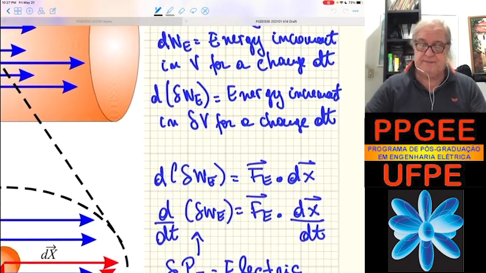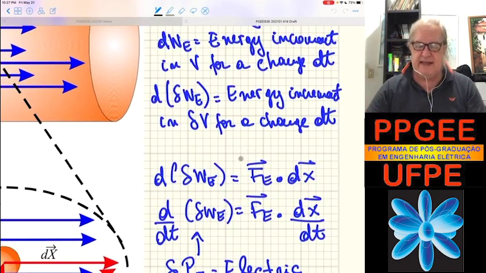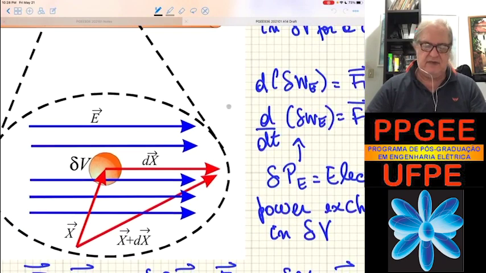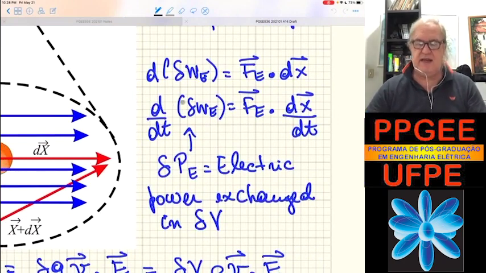So if we do that, and we calculate by traditional mechanics, the increment in energy in the volume at a time dt is the work done by the field, F dx, and we make a time derivative due to a change in the location of the center of the volume, right? The volume is changing position, right? The center of the volume is changed by the x. So the rate of change can be calculated.